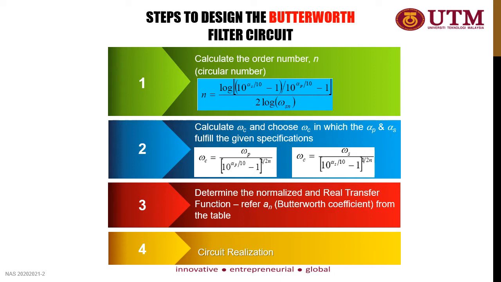Next, you need to identify or write the normalized and real transfer function, and you need to refer to the Butterworth coefficient or polynomial from the table. And lastly, circuit realization. In this course, the circuit realization for Butterworth will not be discussed in detail. However, the steps taken are more or less the same as the Chebyshev filter.